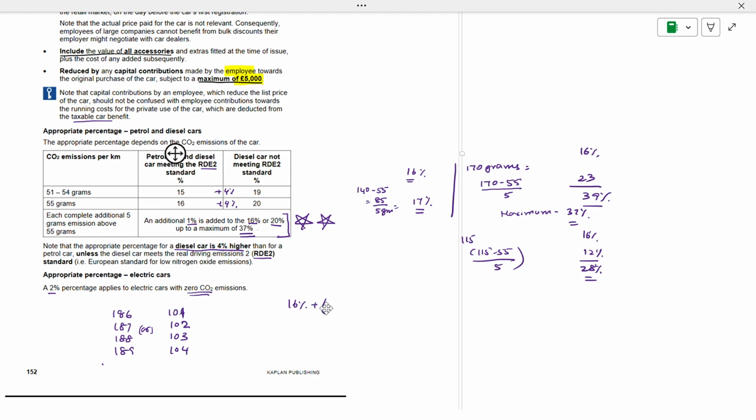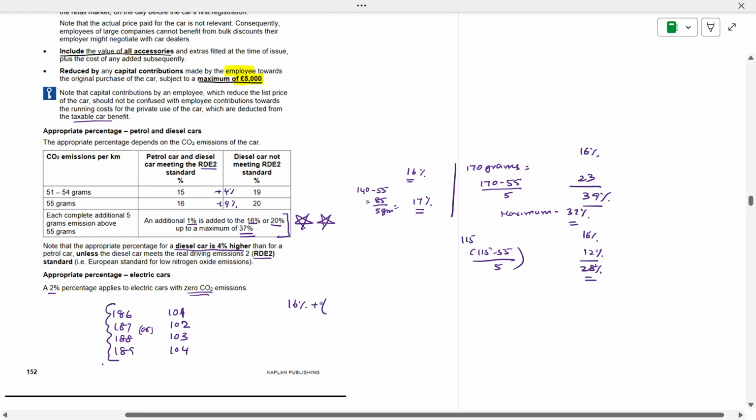In all these cases we have to take 185. We should not round it up to the higher 5, we have to round it down to the lower 5.